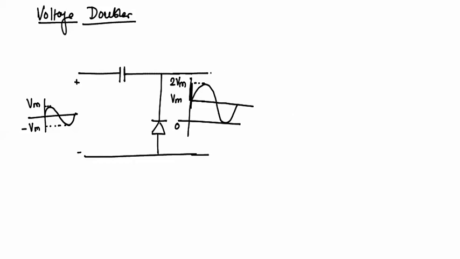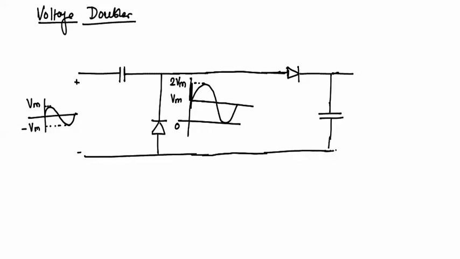Now this output will be applied to the positive peak detector, which we have already seen. This positive peak detector will detect the peak value of the input waveform, which is 2 Vm.